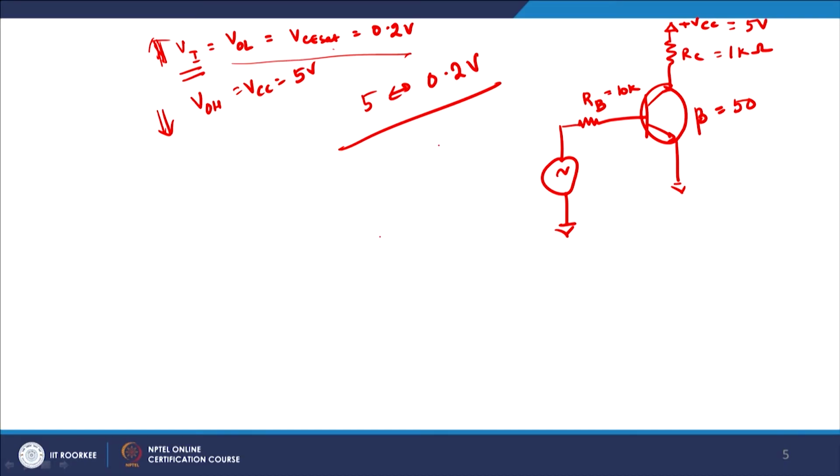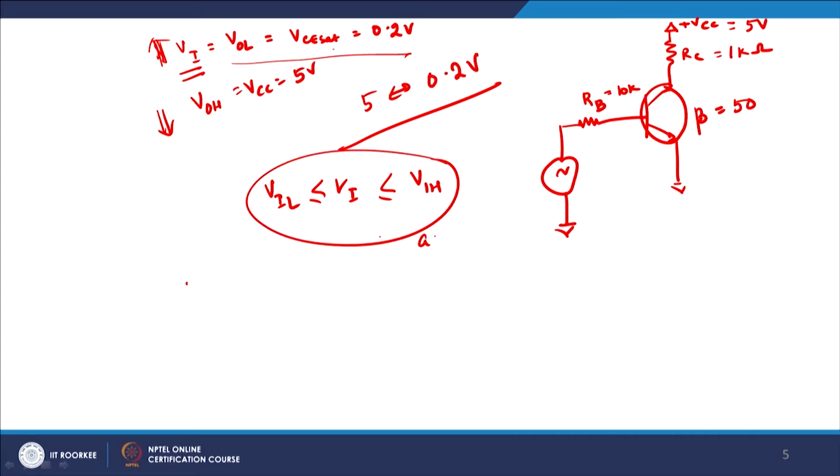Now, assume that my input Vin is between VIL, input low, and VIH. So, I am in the active region of operation. In the active region I can safely write AV equals V0 by Vi, output voltage by input voltage, which is minus beta times RC by RB plus R pi.